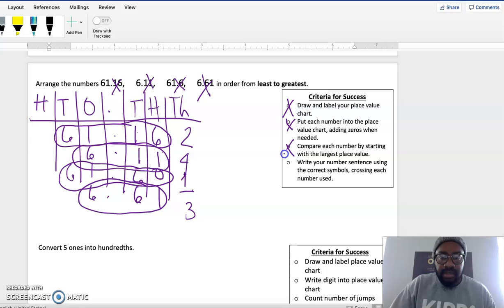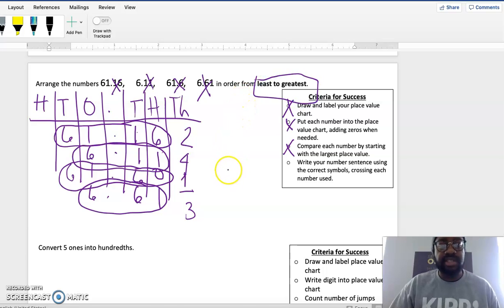So now that I've compared them, I'm going to write my number sentence. This question said least to greatest, so I'm looking for the smallest to the largest. I labeled them from largest to smallest, so when I write them, I have to go backwards by starting with the smallest.